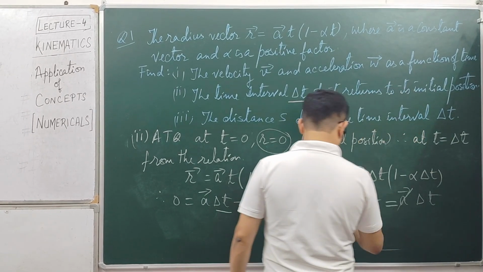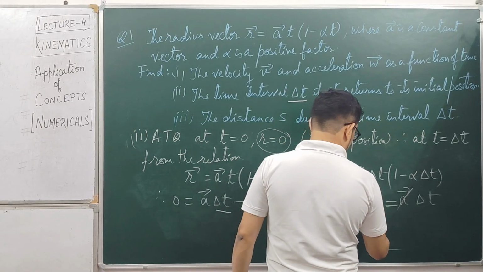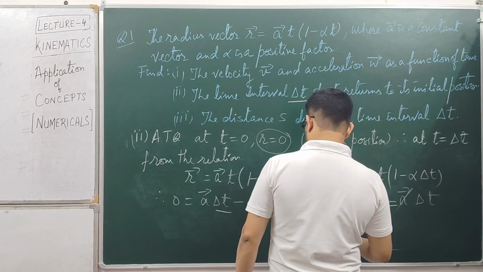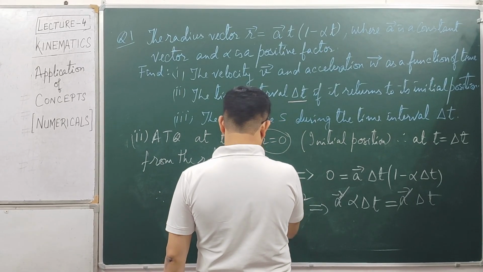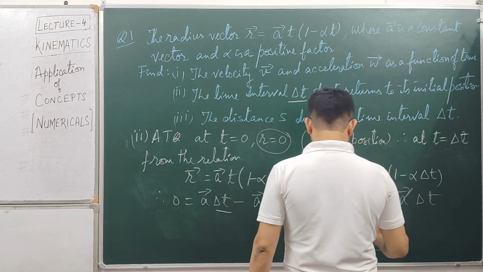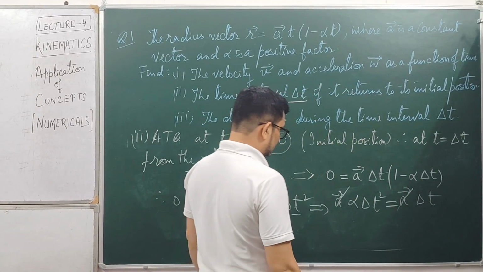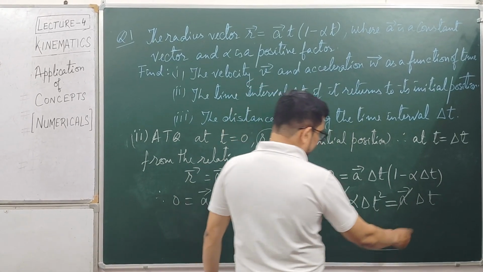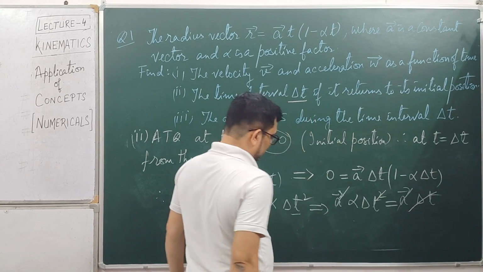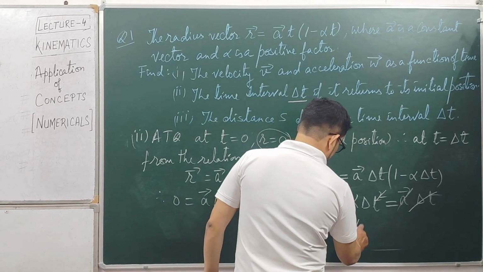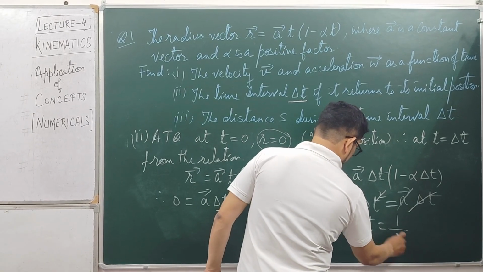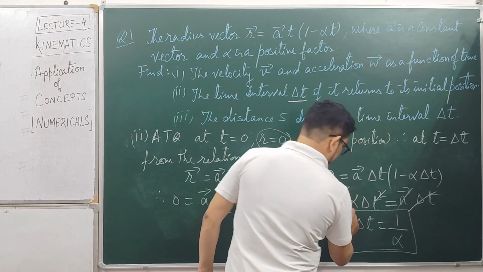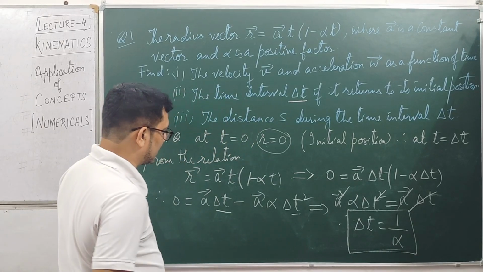So a gets cancelled out, and we get delta t squared on one side. One delta t gets cancelled, and therefore delta t becomes 1 over alpha.